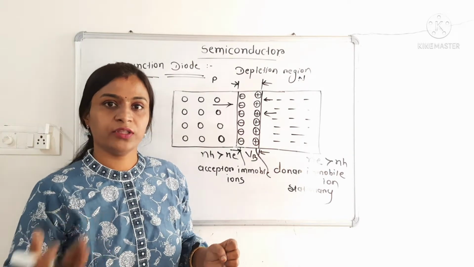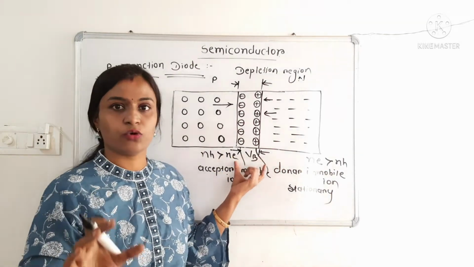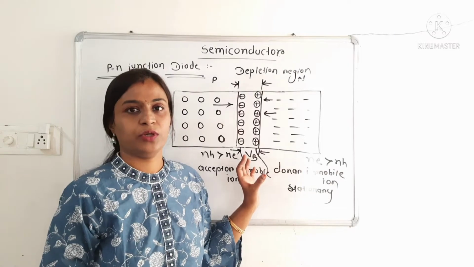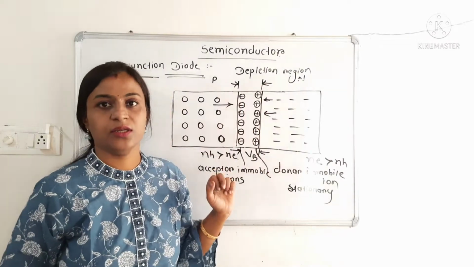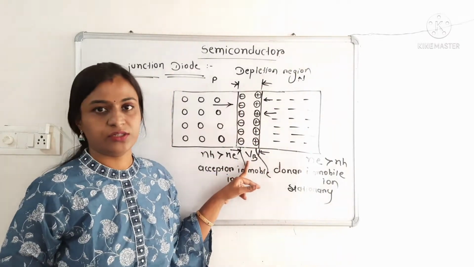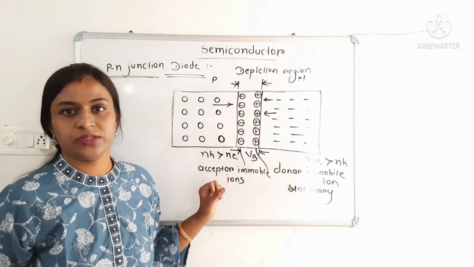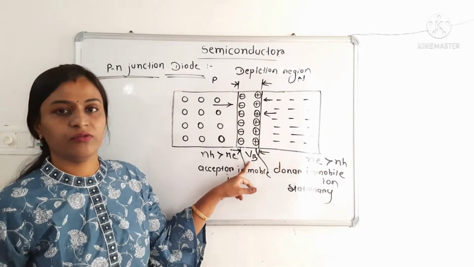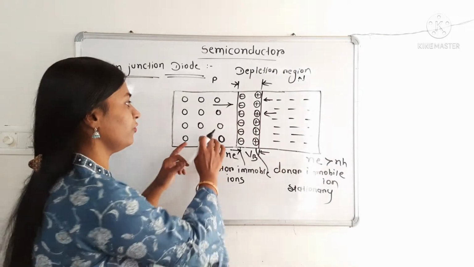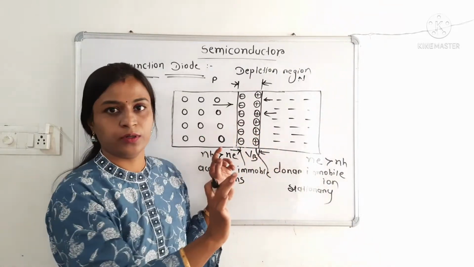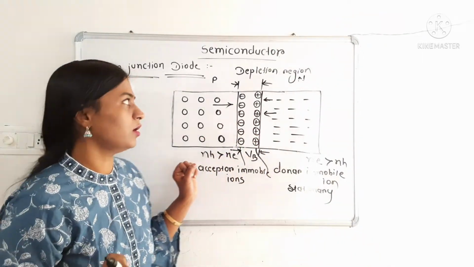That means further movement stops due to this barrier potential, due to this depletion region. Thus it is called the barrier potential. Once the region is developed, once the potential is developed, further movement of electrons and holes stops.